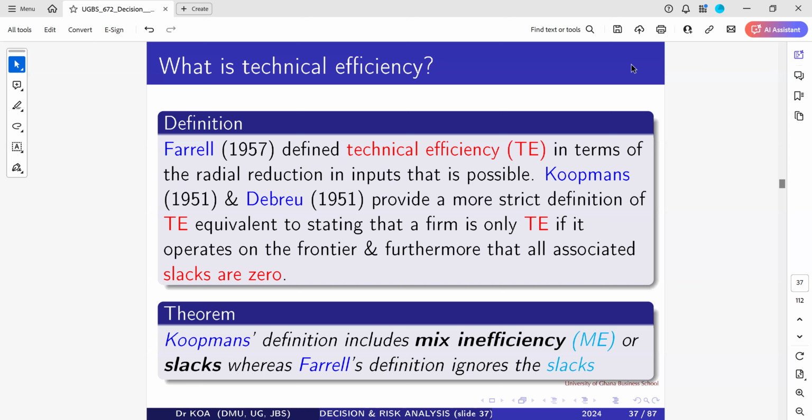You decided to reduce the number of laptops from 3 to 2, and you kept the human beings also at 2. So this time, each person is using 1 laptop. And when you did that, you were still able to produce the output you were producing before, that $200,000. In this case, you are efficient.